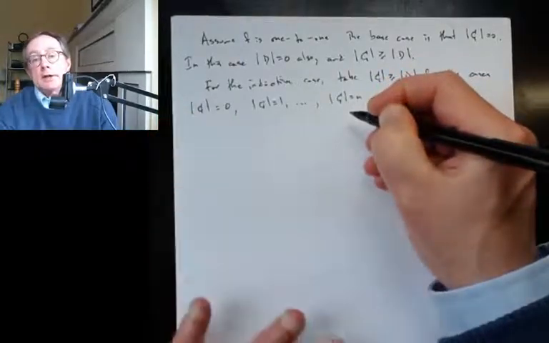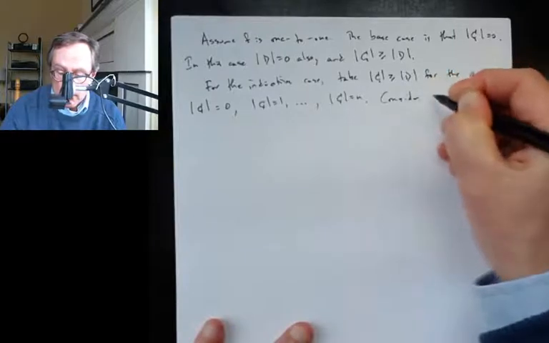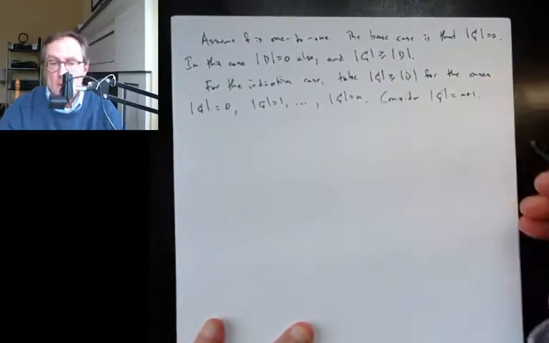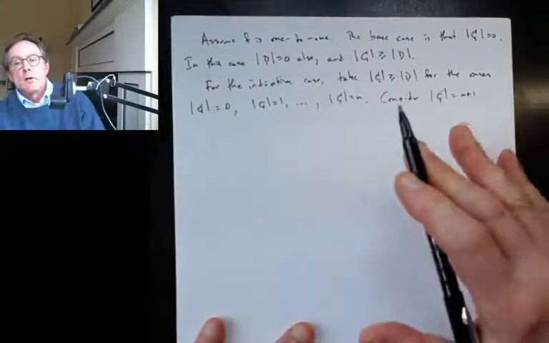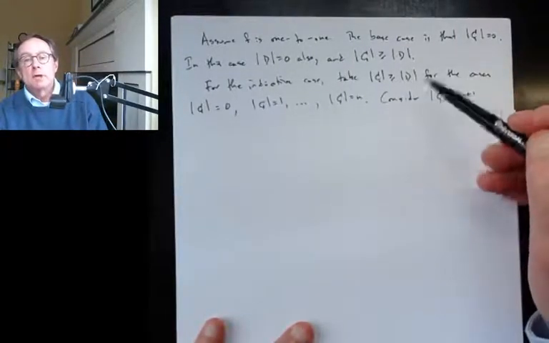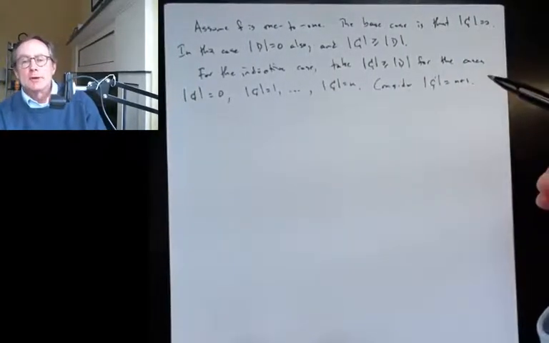And you consider the next case. As so often happens with induction, there's almost like a formula to get you started, but then at some point you've got to do something, and that point is now.